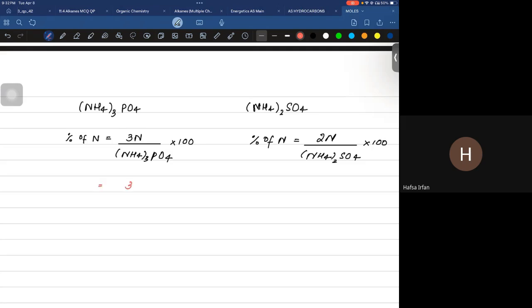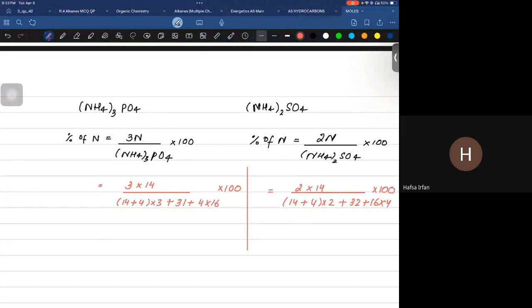That is 3 into 14 divided by 14 plus 4 multiplied by 3 plus 31 plus 4 into 16, multiplied by 100. Then it would be 2 into 14 divided by 14 plus 4 multiplied by 2 plus 32 plus 16 times 4, multiplied by 100.